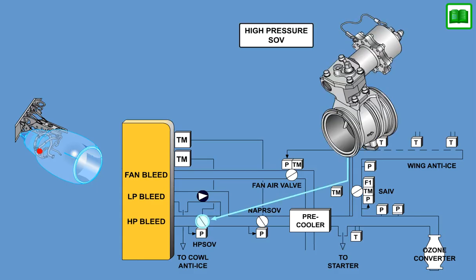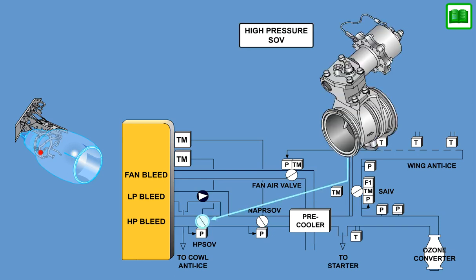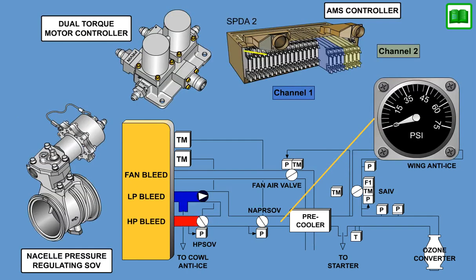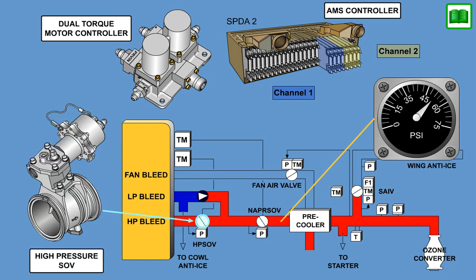The high-pressure and low-pressure stage switching control is based on a soft switching logic, which uses the high-pressure shut-off valve as a pressure regulator instead of an on-off valve. The control logic regulates high-pressure air supply to a scheduled 45 psi for aircraft altitude below flight level 250 and 35 psi above flight level 250 for the downstream users.